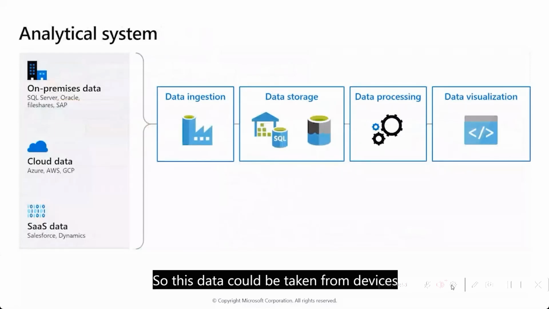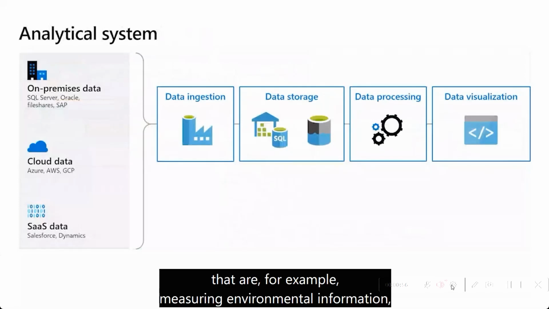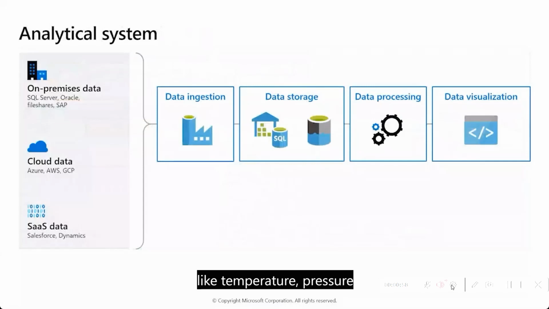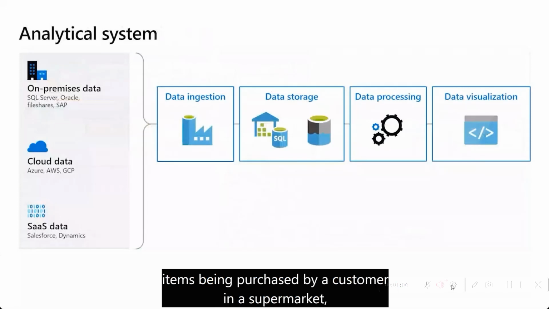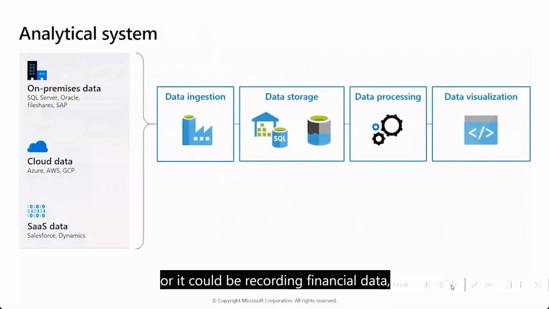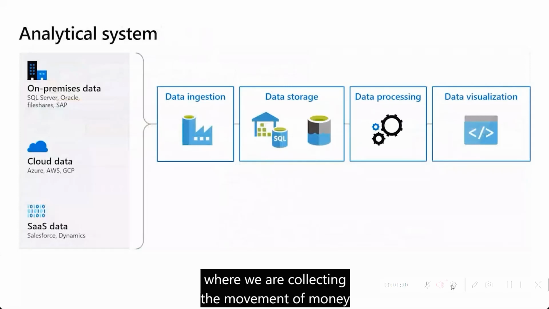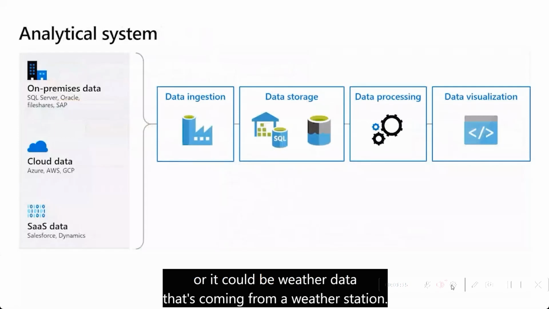This data could be taken from devices that are, for example, measuring environmental information like temperature and pressure, or from point of sale devices recording items being purchased by a customer in a supermarket, or it could be financial data where we are collecting the movement of money between bank accounts, or weather data coming from a weather station.